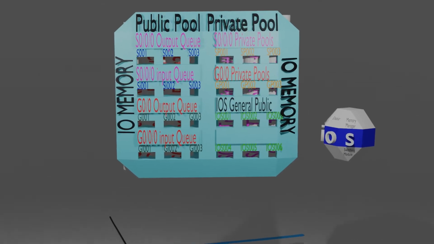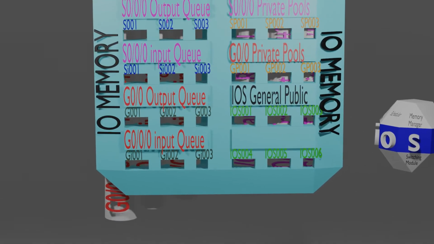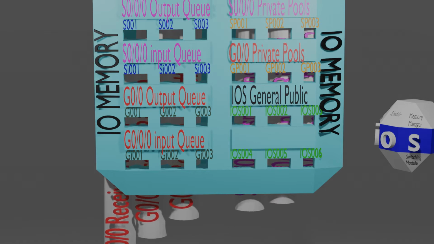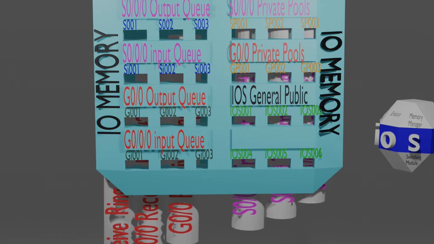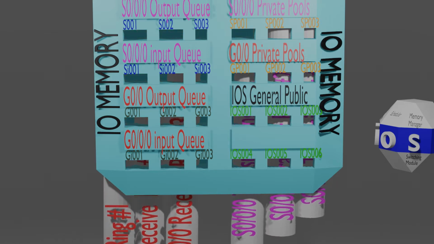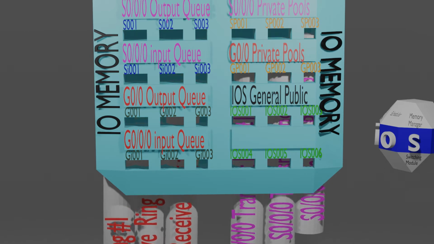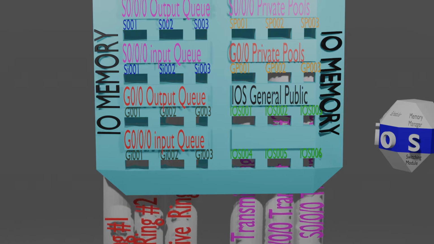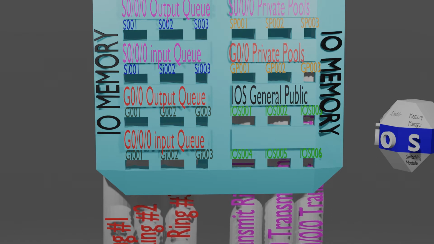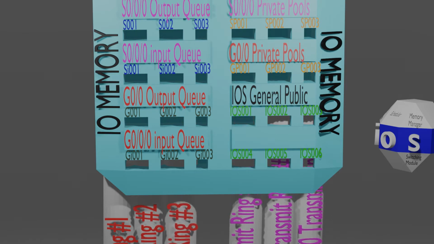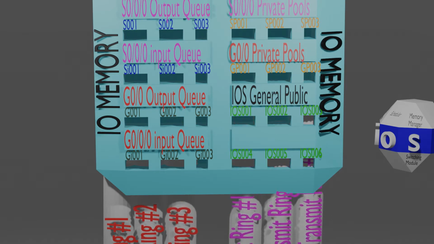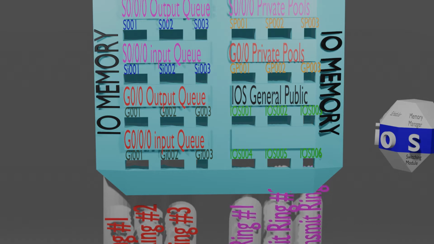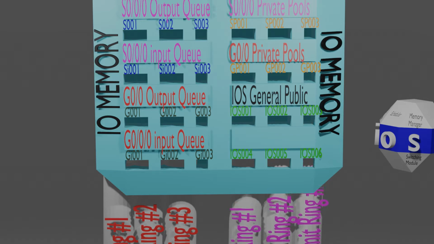Finally, what are receive and transmit rings? These rings are special software constructs that IOS creates at initialization and reside in the I/O memory buffer space. This software construct is called a ring because it processes packets in a circular manner, or in a first in, first out process. Rings are called hardware queues for two reasons. One, they belong to egress and ingress interfaces.